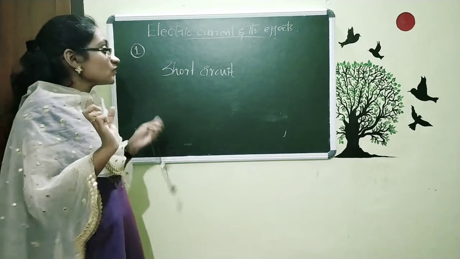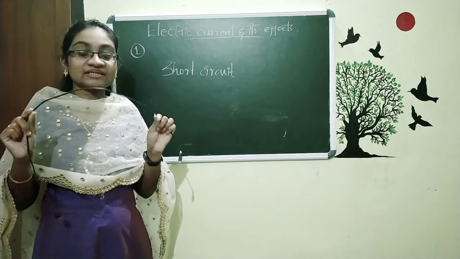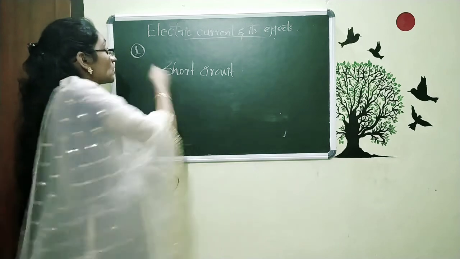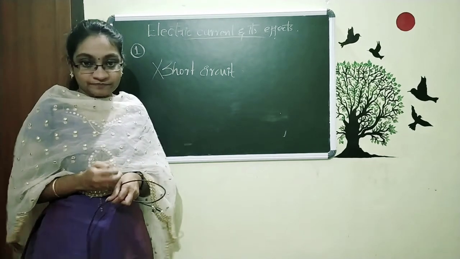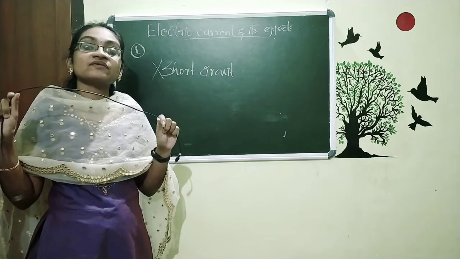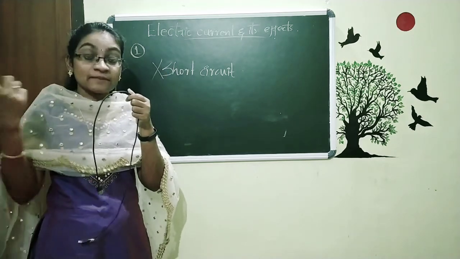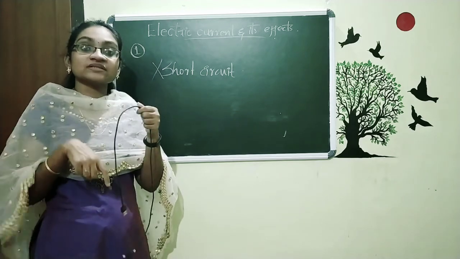So, for avoiding this, we add such a coating to the wires to avoid the short circuit. And also, when there is no such coating, what will happen when we touch this, when it is on the circuit or in the plug? We get an electric shock.